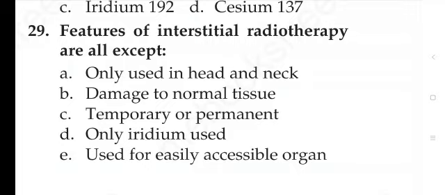So the answer of this question is option A, option B and option D. Option A is only used in head and neck, option B is damage to normal tissue, and option D is only iridium use. So except all these, all other are the feature of interstitial radiotherapy.